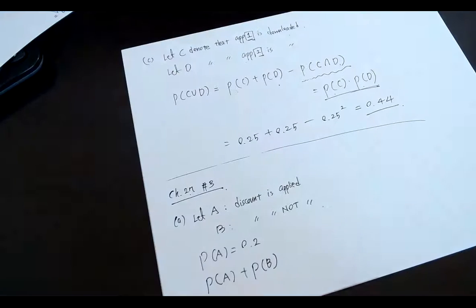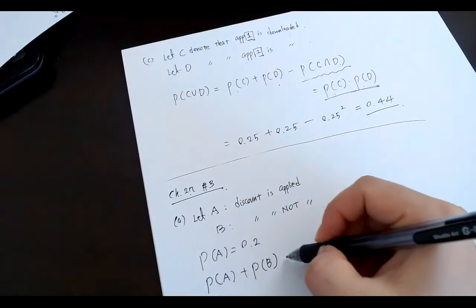Think about this: for each order, the sample discount should either be applied or not applied. So the probability that the discount is applied plus the probability that it is not applied must be 1.